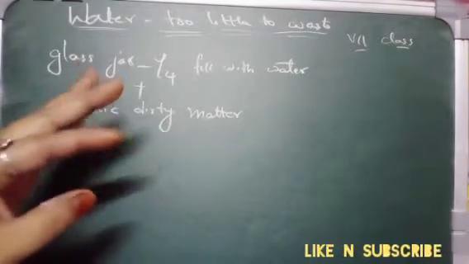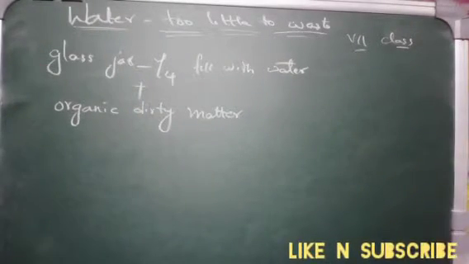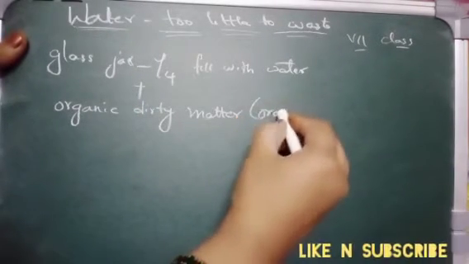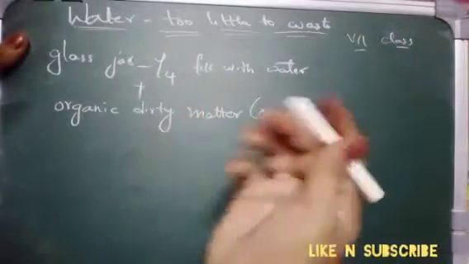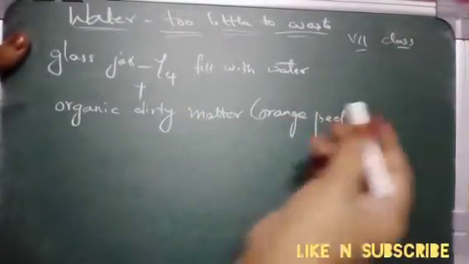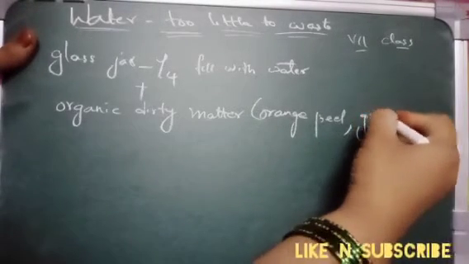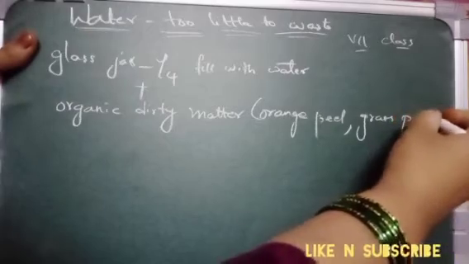Organic means it can be orange peel, the peel left over from oranges, or you can add grass pieces. All these things are organic, naturally available.